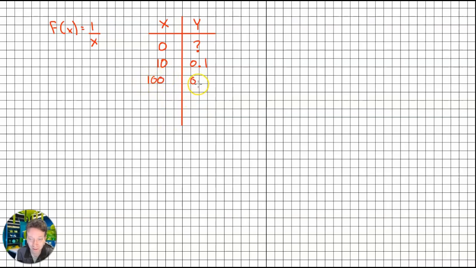Well, that's 0.01. What about 1,000? Well, that's 0.001. So you can see the bigger x is, it's trying to get to a y value of 0, but it will never get there. And similarly, if x equals 0, there is no y value for the function.